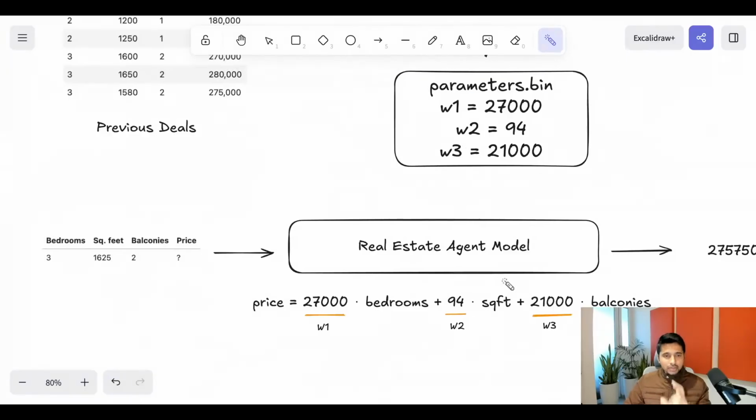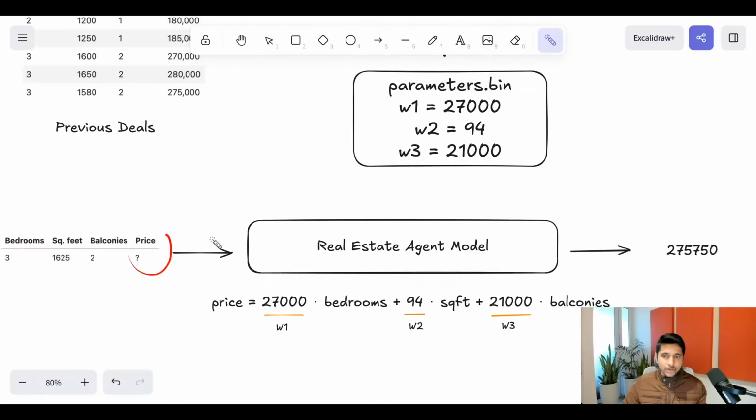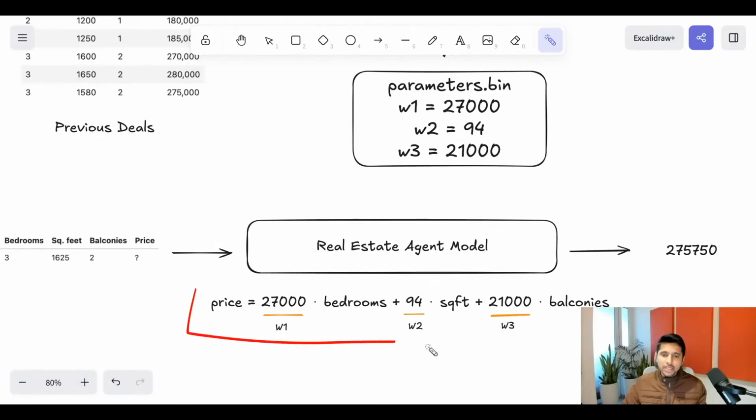Now, if someone gives you a new input, right, and they are asking for the new output, they can give you something like this. Now we need to predict the price. So we will take the model, and our model is this effectively, right? After the training process, we have w1, w2, w3, and those can be retrieved again and again from the parameters.bin.